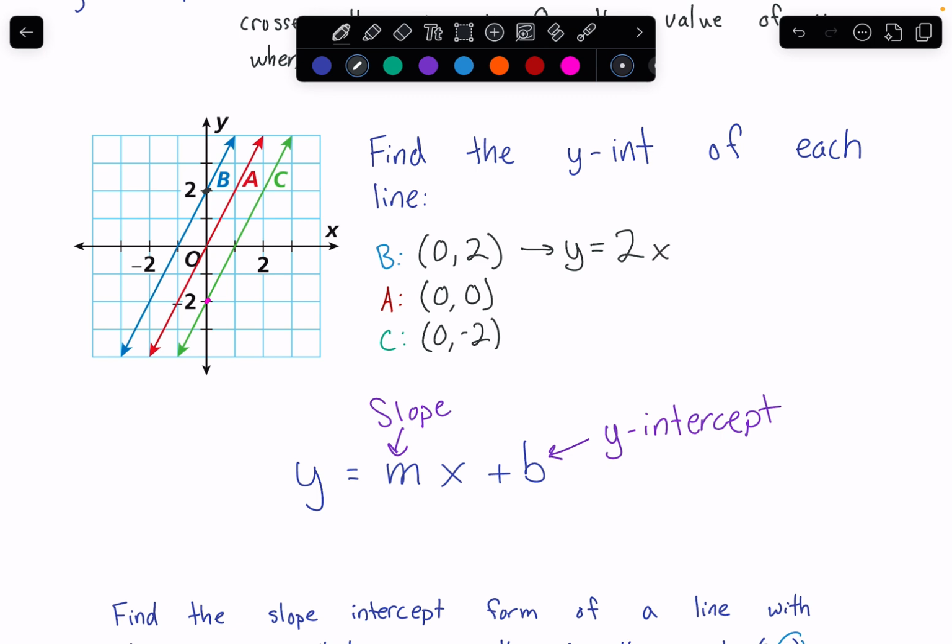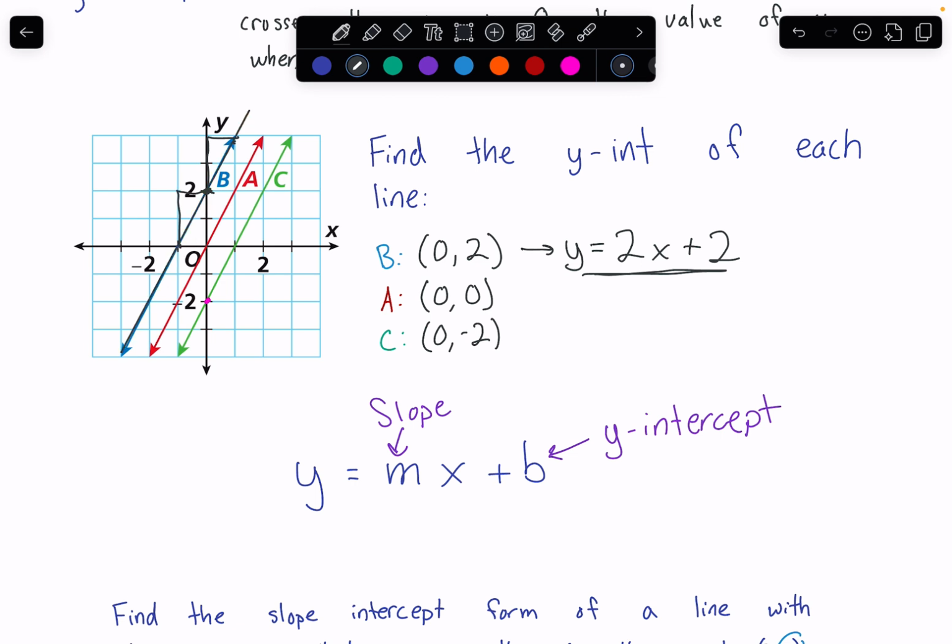Write our x, and then plus b. Well, what's the y-intercept? The y-intercept of line B is just 2. So y equals 2x plus 2 is the equation that represents that line, right? If I gave you this equation and told you to graph it, you'd be able to, right? You would draw a point at the y-intercept, and then you would go up 2 over 1, up 2 over 1, and you'd get a couple different points, and then you could just draw the line and you'd be done.